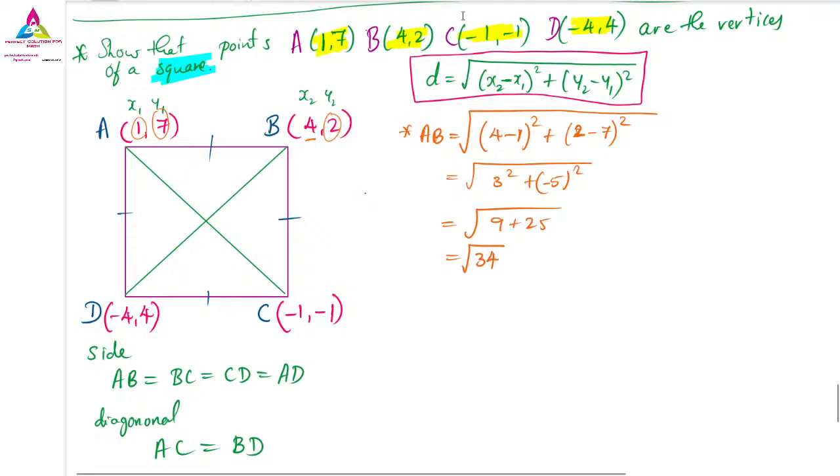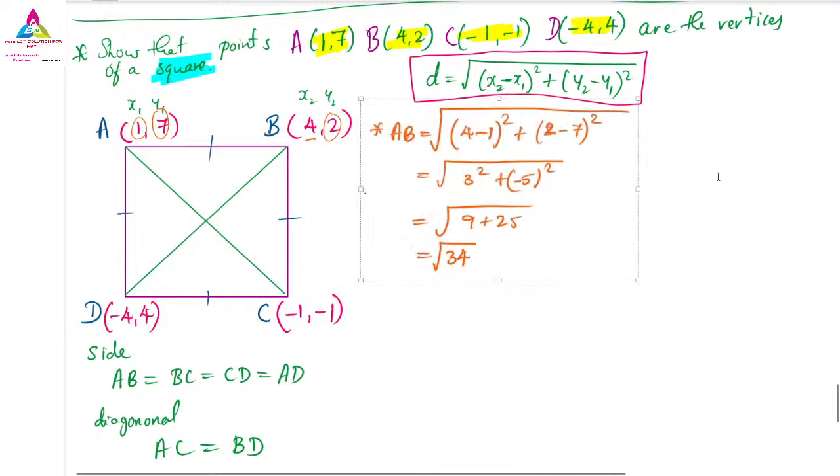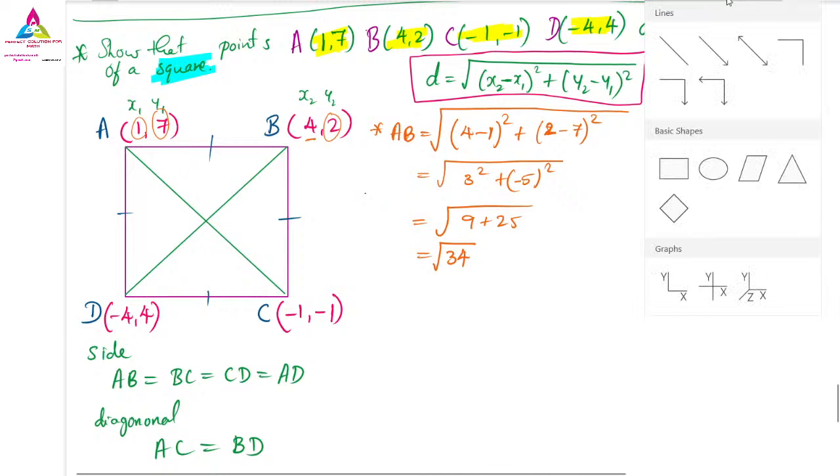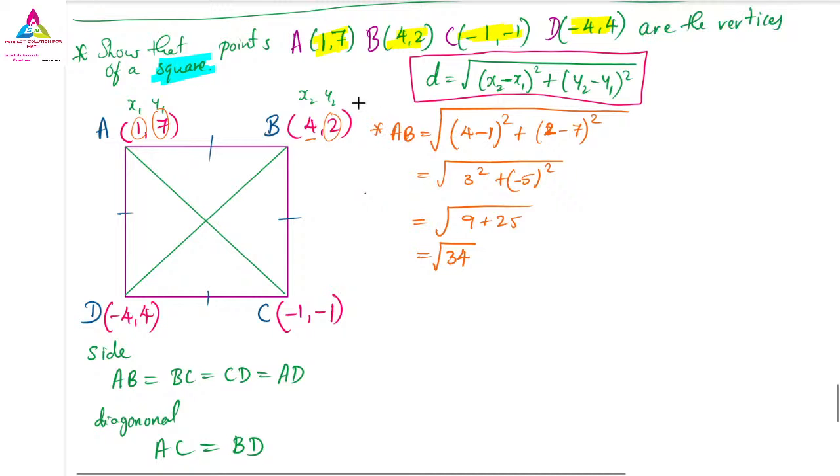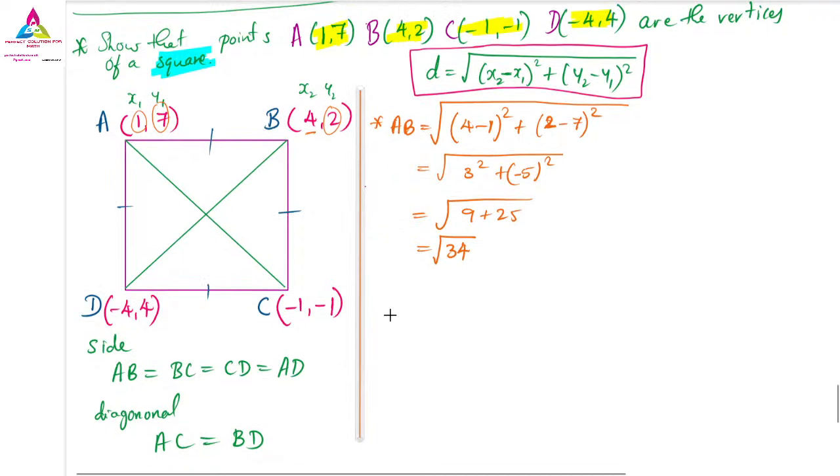Anyone have a doubt in this AB value? You can ask me. Very good, Sneha, you have found it. So we found only AB. We have to move further now. Next we want to find the next part. So AB is finished.